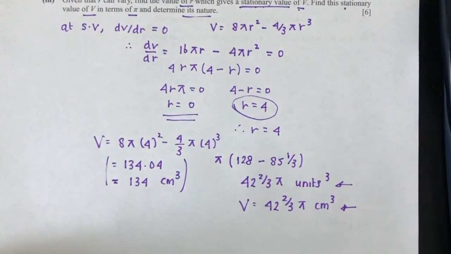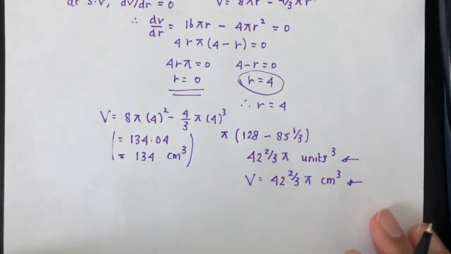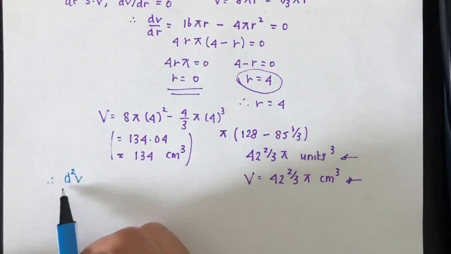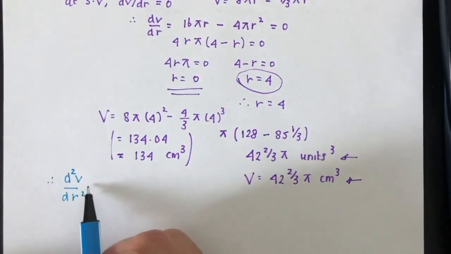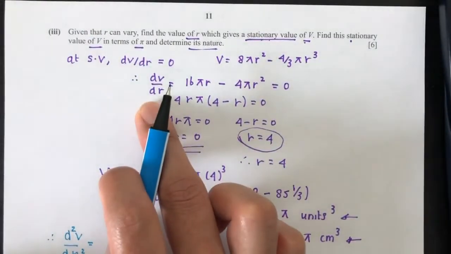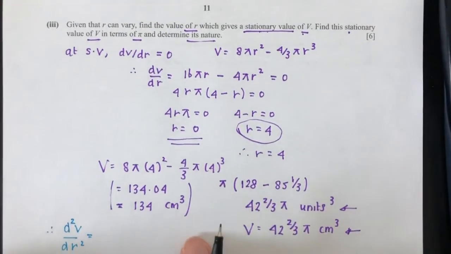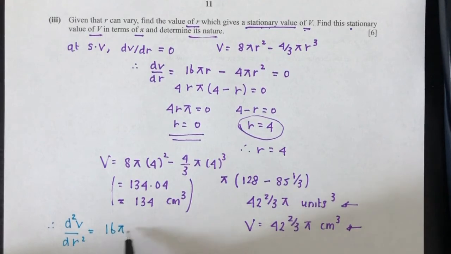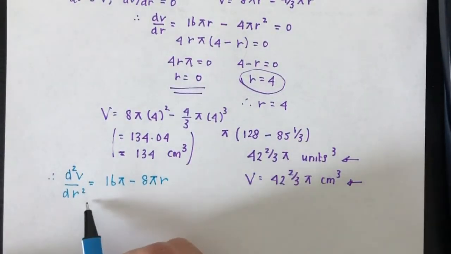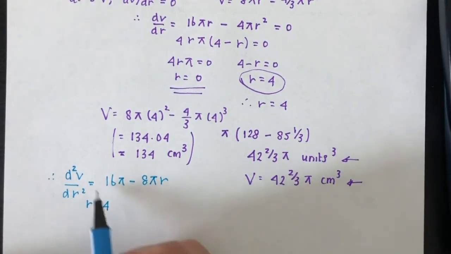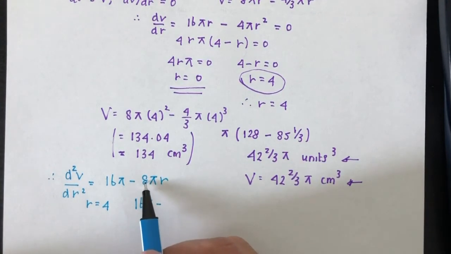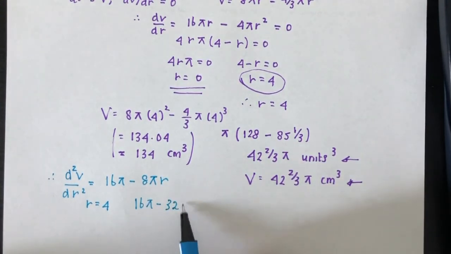Now next one is to determine its nature. To find the nature of a point, we have to find d2v by dr2. We have dv by dr already, so this is pretty easy. We have to differentiate this again. That will give you 16 pi minus 8 pi r. So replace the value of r, which is 4, and see what we have. That will be 16 pi minus 8 times 4 is 32 pi.